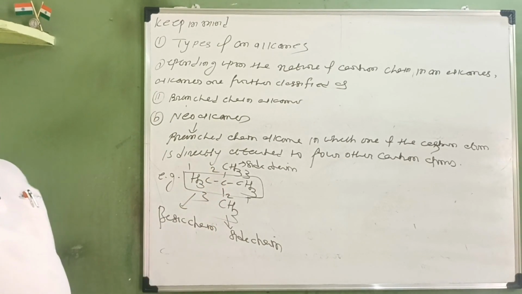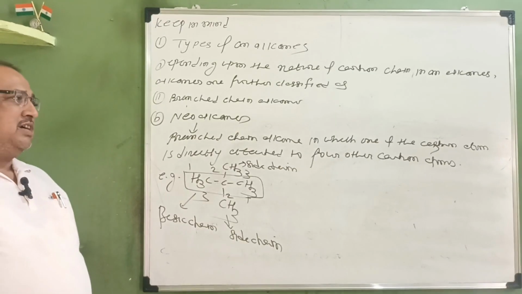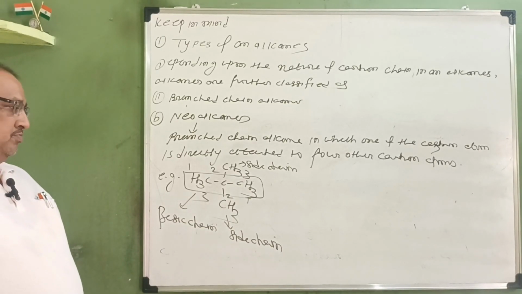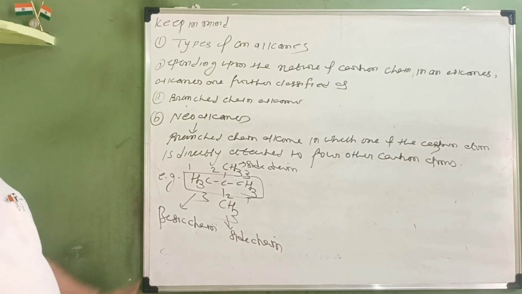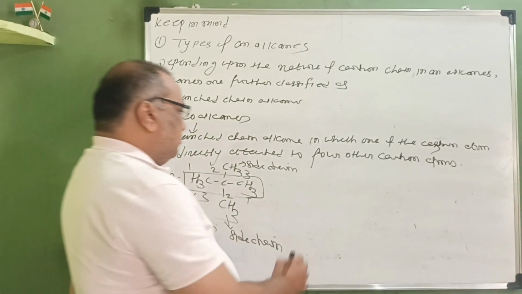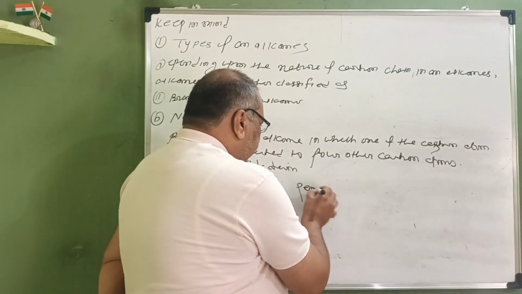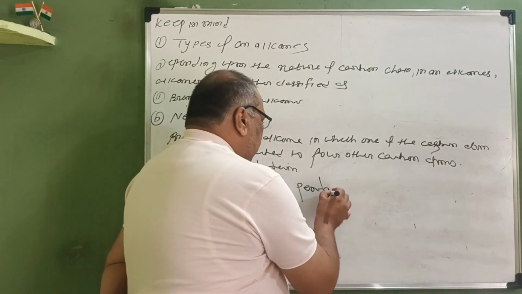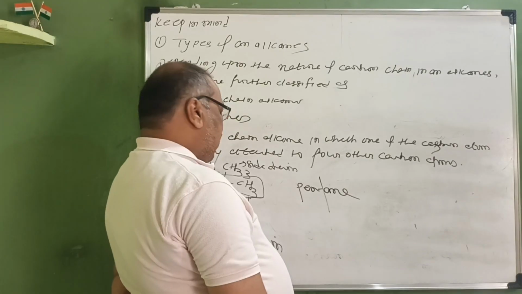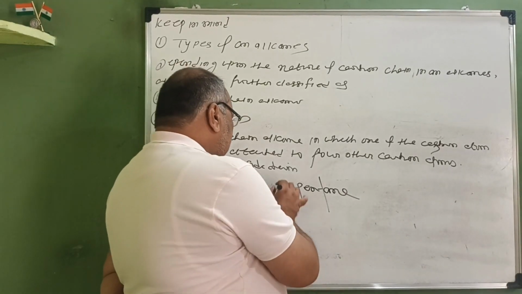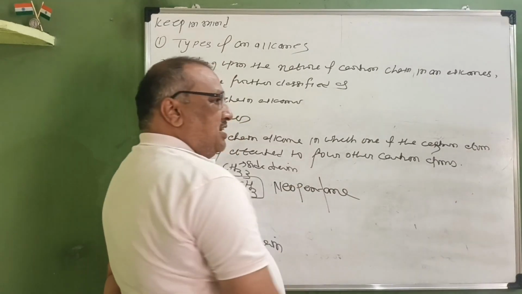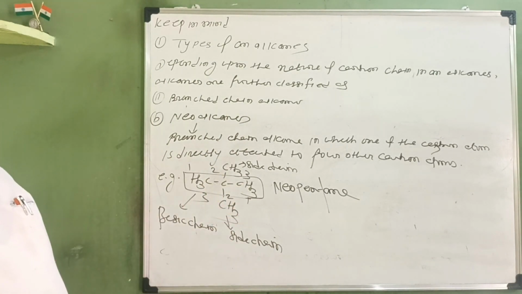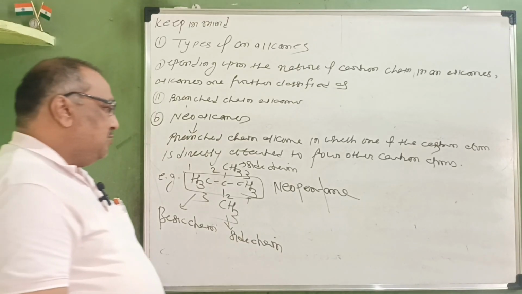Or here two carbon atoms are directly attached to the second carbon atom of the basic chain as a branch, so it is also neoalkane. Now there are five carbon atoms, so here word root is pent. Due to the presence of carbon-carbon single bond, primary suffix is ane, but here one of the carbon atoms is directly attached to the four other carbon atoms, so prefix is neo. That means its common name is neopentane.